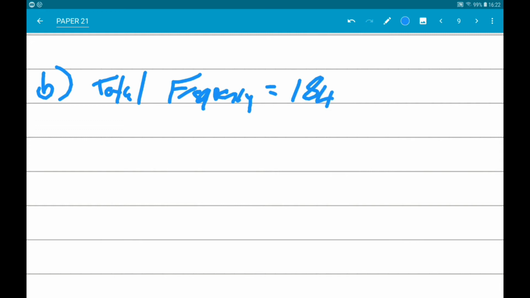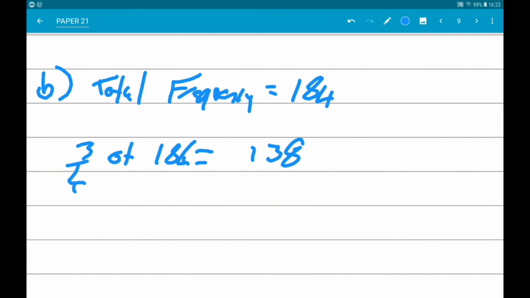Now, we want the 75th percent day, so we want 3/4 of that. Now that is 138. So, we're now going to go through the frequencies in the table, add them up, try and work out where 138 would be.